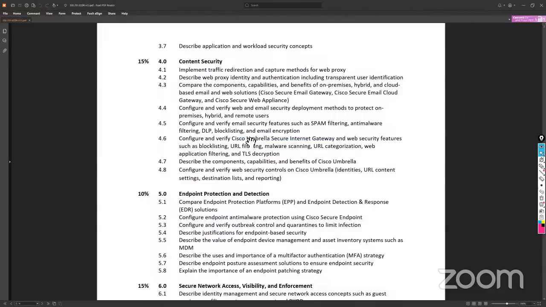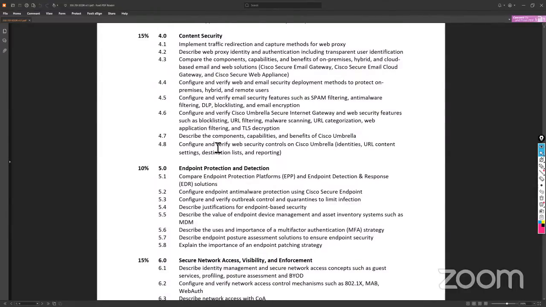This is where we will talk about how Umbrella integrates with SD-WAN if you want to do SASE. Some web security implementation features that you can do on Cisco Umbrella, right? A lot of cool stuff here that Cisco wants you to know.